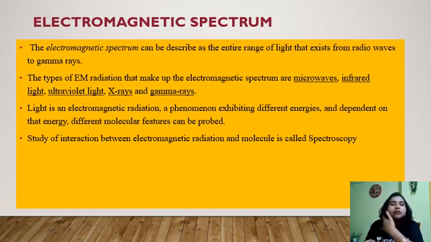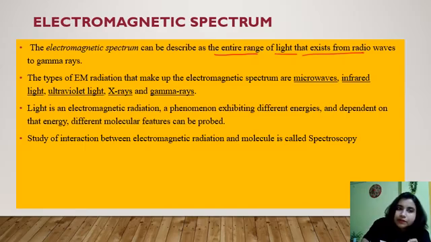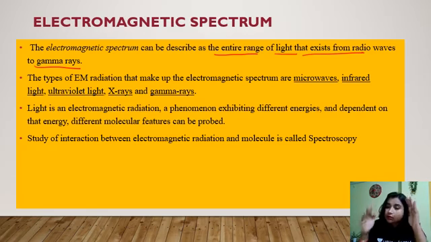We can define the electromagnetic spectrum as the entire range of light that exists from the radio waves to gamma rays. It is different ranges of wavelength. We name them according to the wavelength and group them as a whole, and we call it the electromagnetic spectrum.